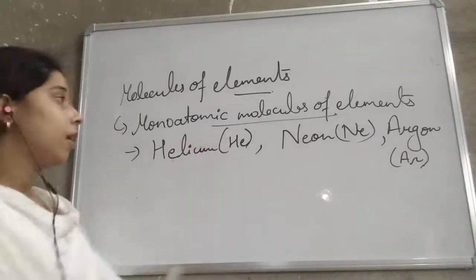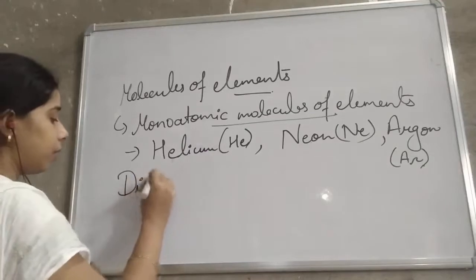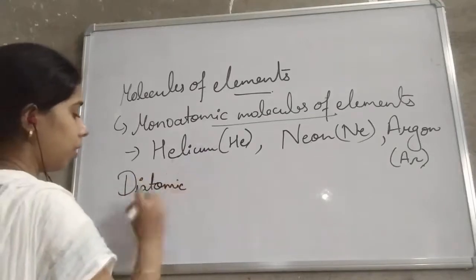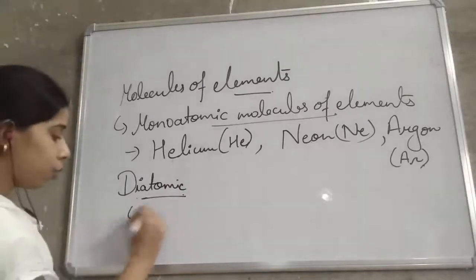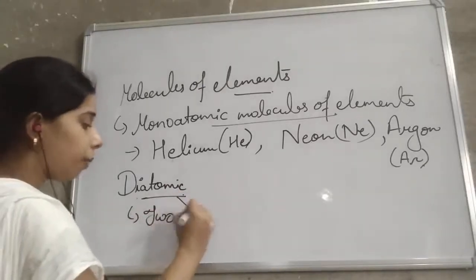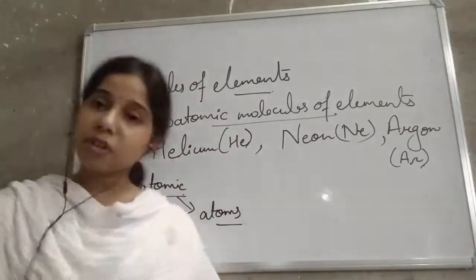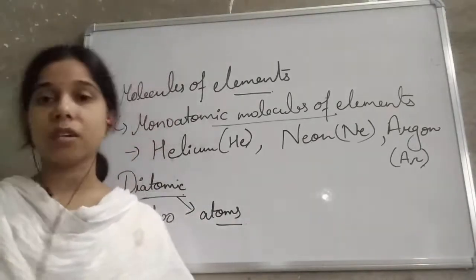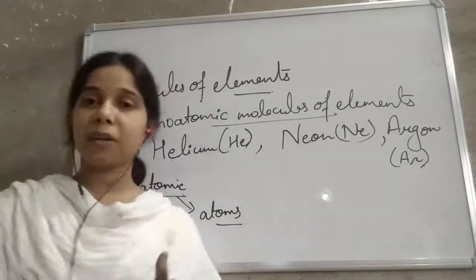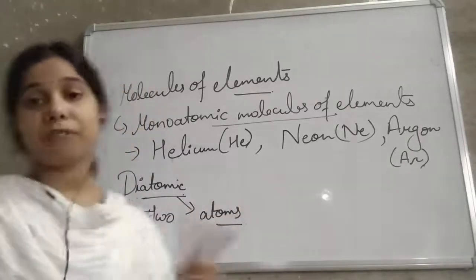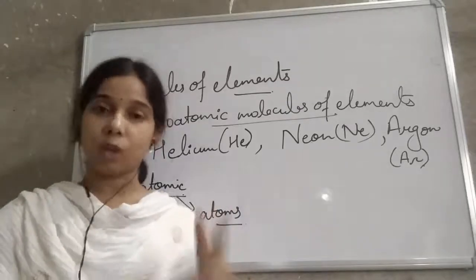Okay. Now the second one is the diatomic. Di means two. Atomic means atoms. Now such a molecule which consists of two atoms in each, that we call a diatomic molecule.